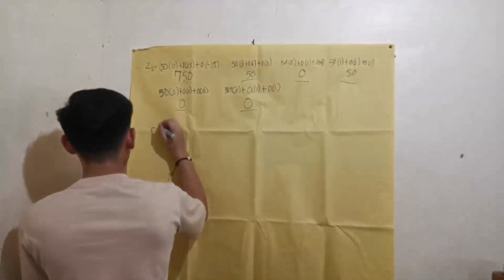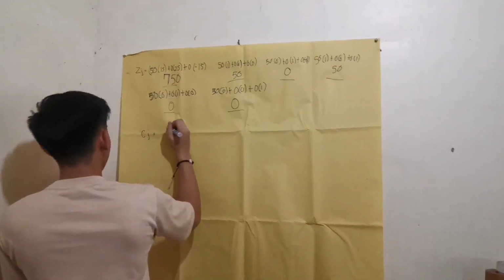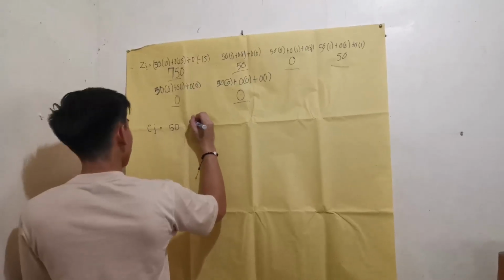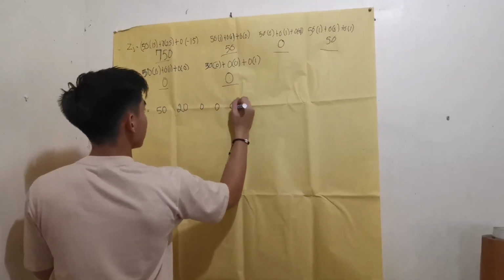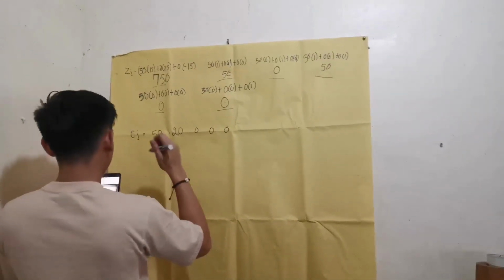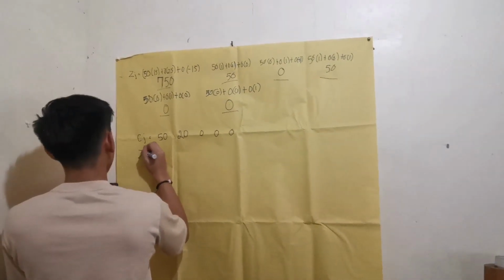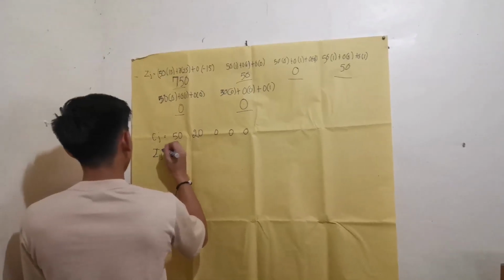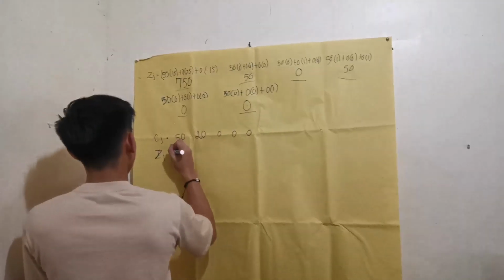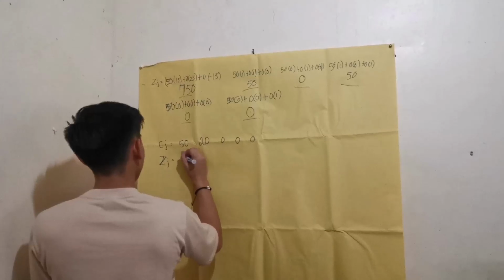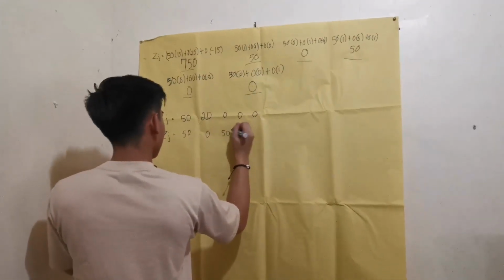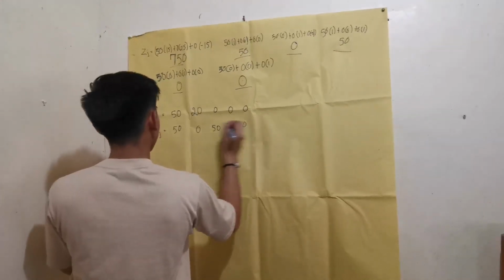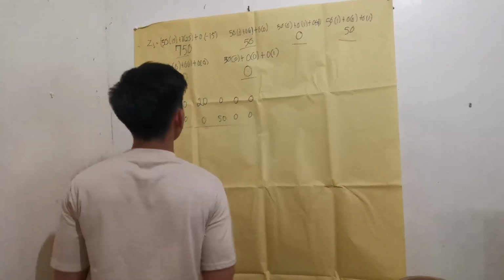C sub J natin is 50, 20, 0. Minus natin to.